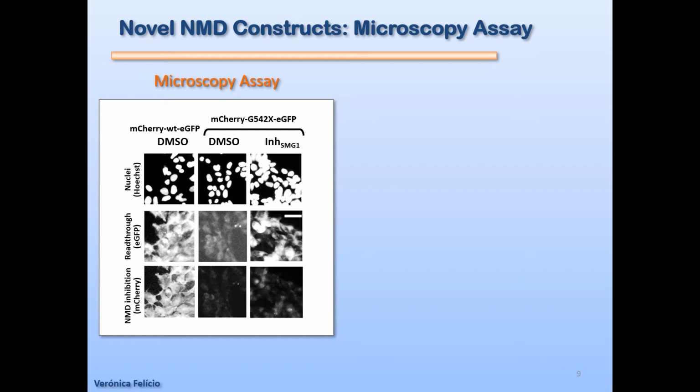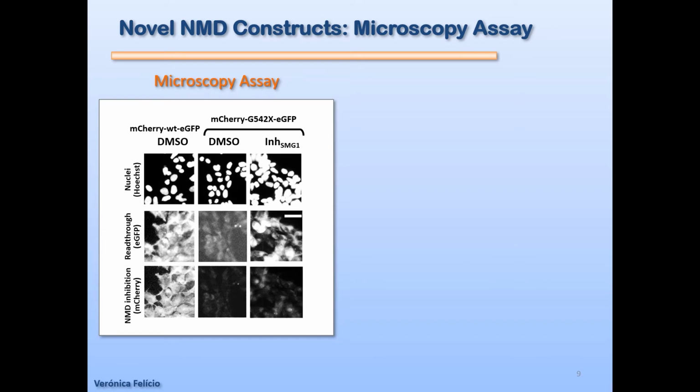However, in the middle row, it's just the DMSO, and in the right row, it's in the presence of inhibitor of NMD. So what we can observe for the wild-type gene, the one on the left column, is that there is no difference between the middle panel and the bottom panel because there is no NMD inhibition.